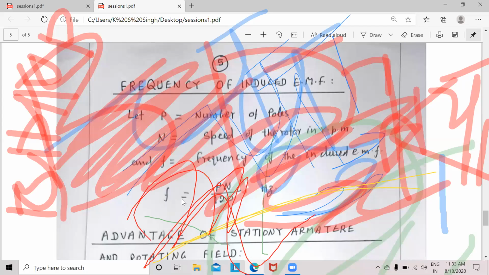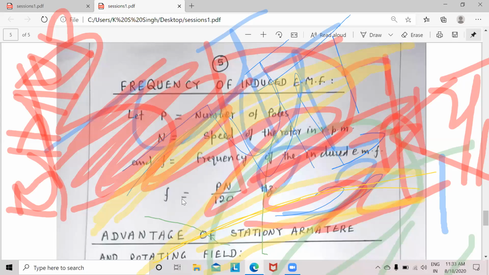Due to this reason, synchronous machines rotate at a particular speed that is known as the synchronous speed.